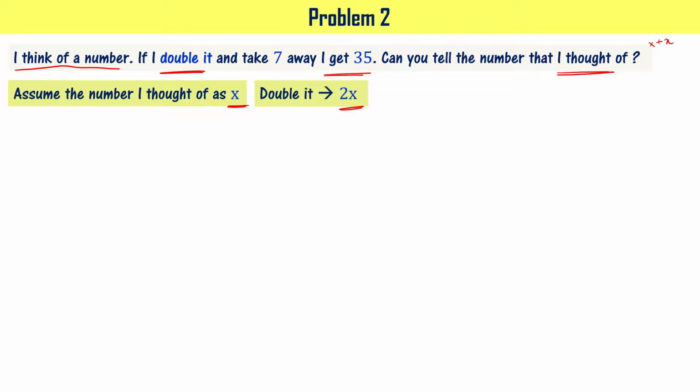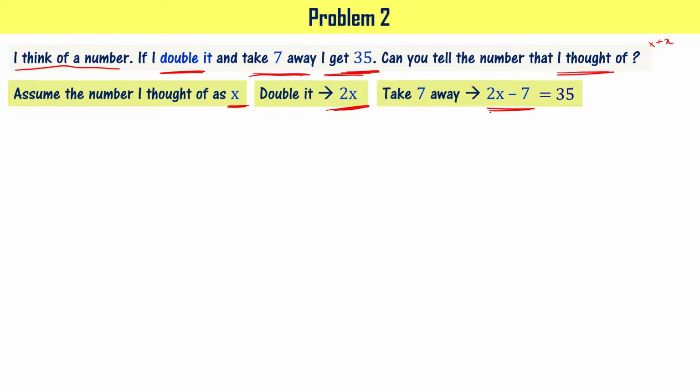Now, you have to take 7 away from whatever you have obtained here. You have obtained 2x, right? You have to take 7 away from it, means you have to subtract 7 from that, right? So I got the expression as 2x minus 7, right? This is equal to number 35 here. That's why let me write it as 2x minus 7 equal to 35.